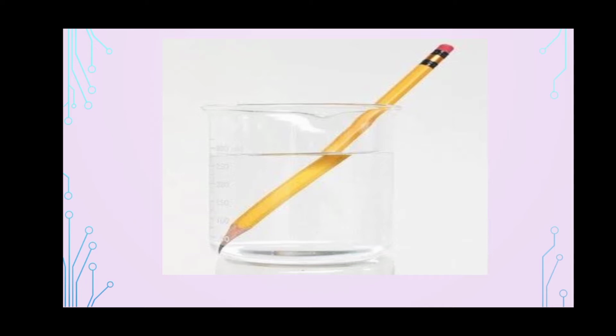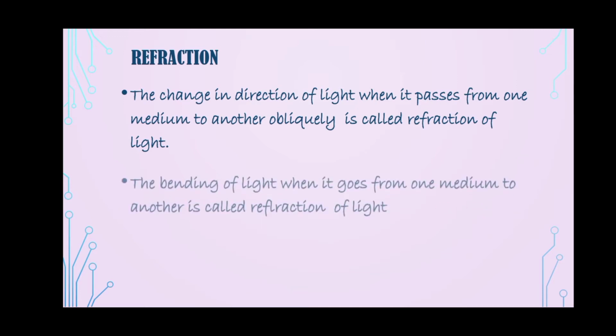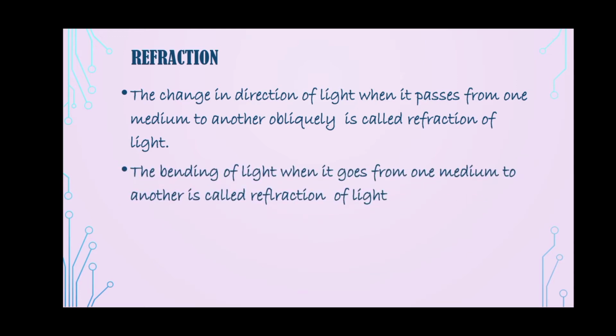The change in direction of ray of light occurs again when it goes out from glass into air. Refraction. The change in the direction of light when it passes from one medium to another obliquely is called refraction of light, or the bending of light when it goes from one medium to another is called refraction of light.